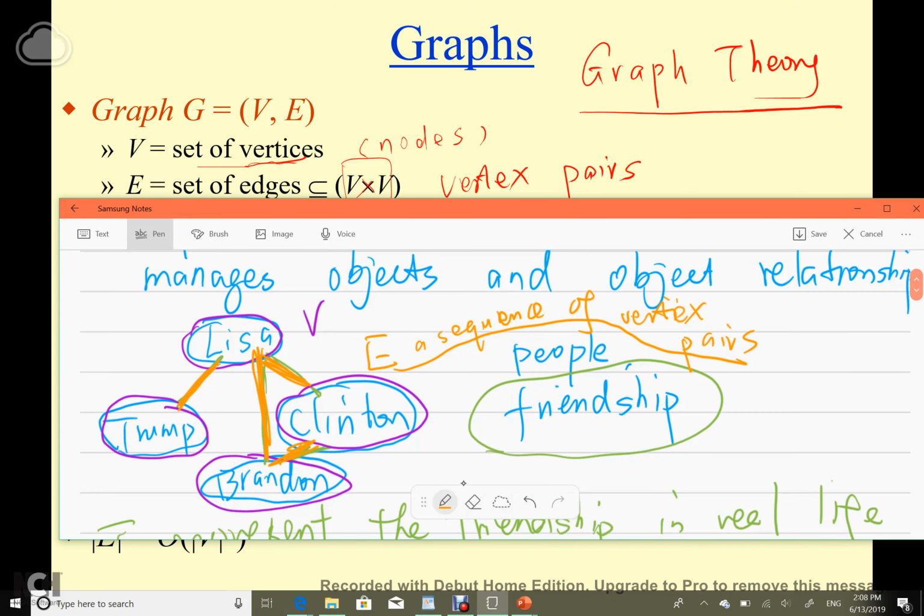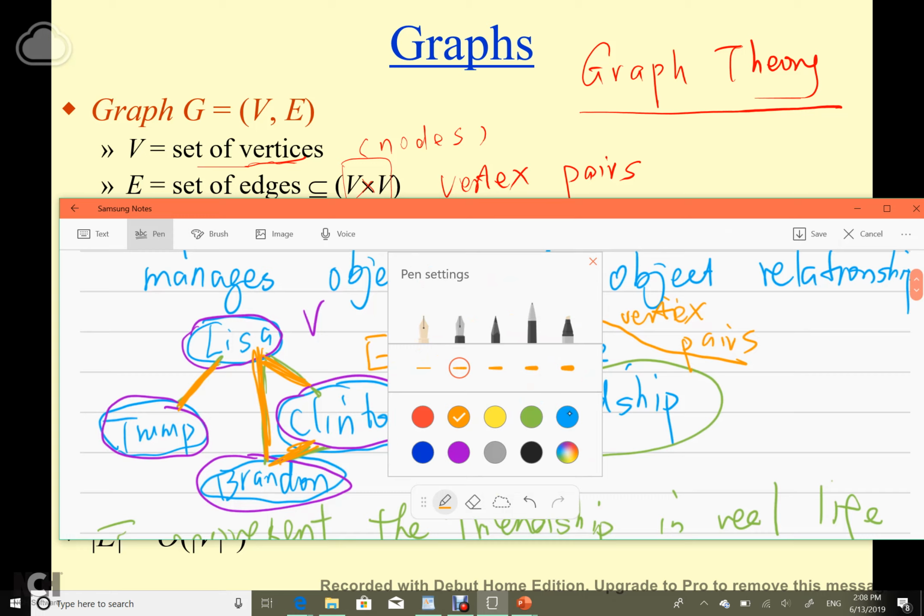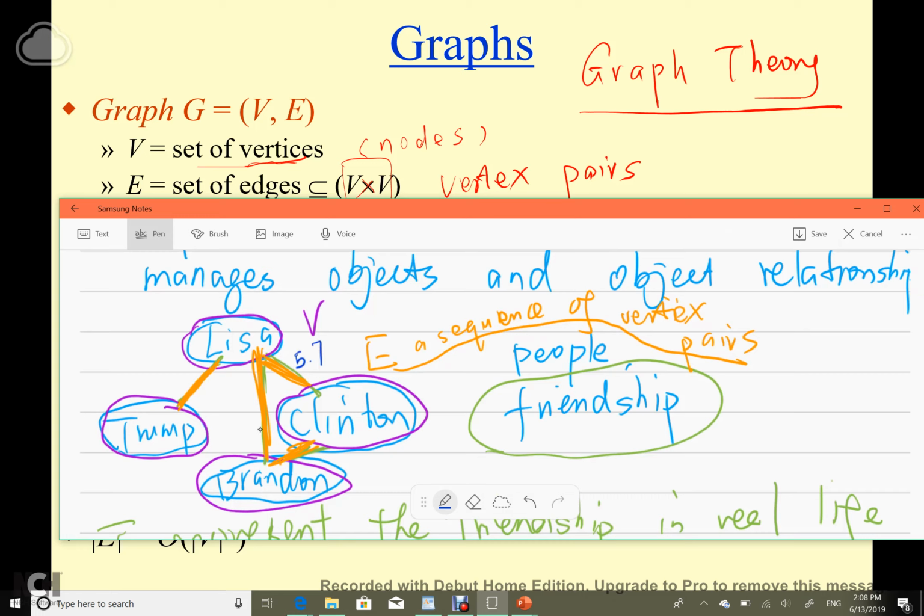For example, the distance of two houses: this is 5.7 miles, this is 3.1, this is 1.0, this is 35.9 miles.